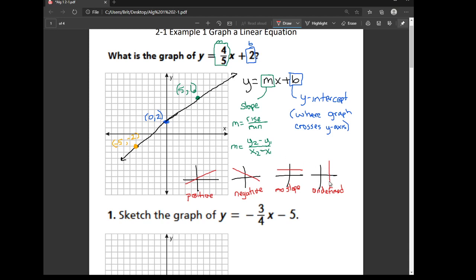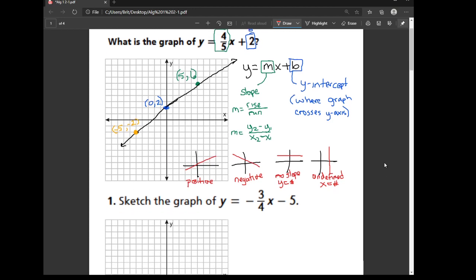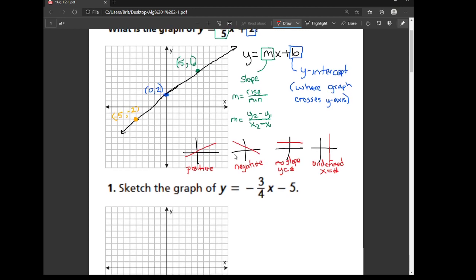So you'd be dividing by 0, which is undefined. So this line usually looks like y equals some kind of number. And then this one usually looks like x equals some number. Hopefully we'll talk about slope a little bit more later, but I believe you guys probably have learned about this before as well.